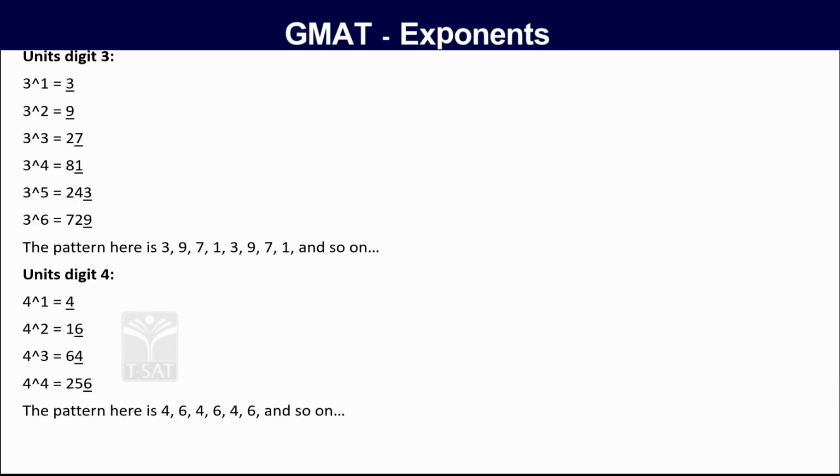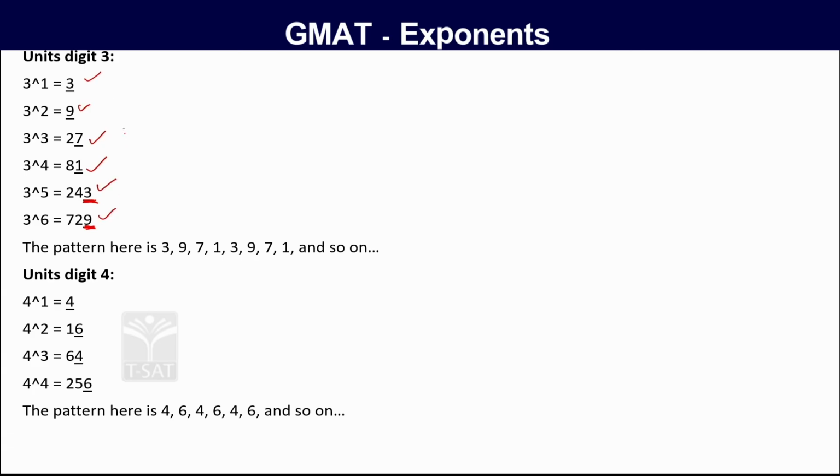When you look at 3 to the power of 1, it is 3, 3 square is 9, 3 cube is 27, 3 to the power of 4 is 81, and again you only focus on the units digits. Then 3 to the power of 5 is 243 with units digit 3, and 3 to the power of 6 is 729 with units digit 9.